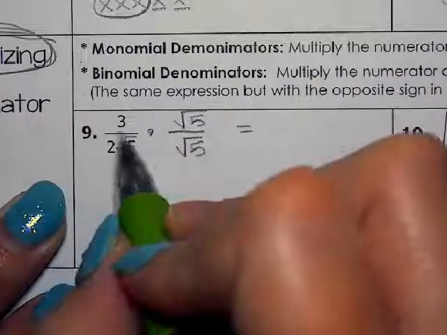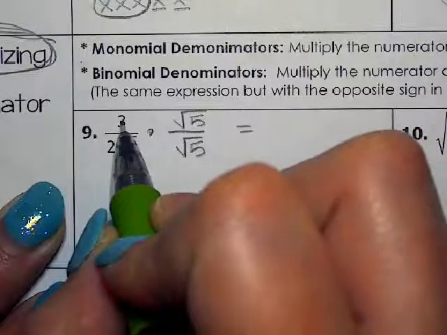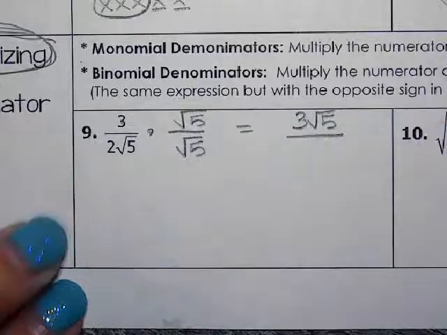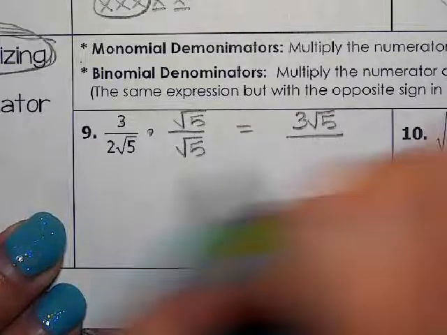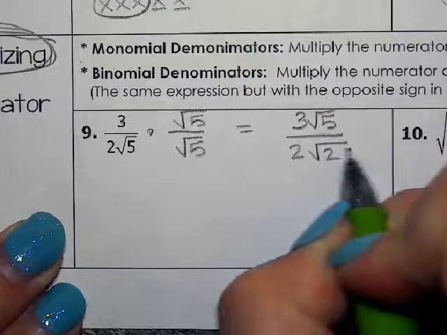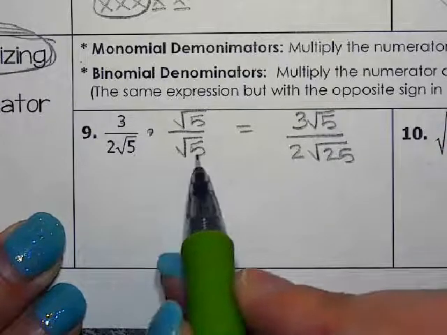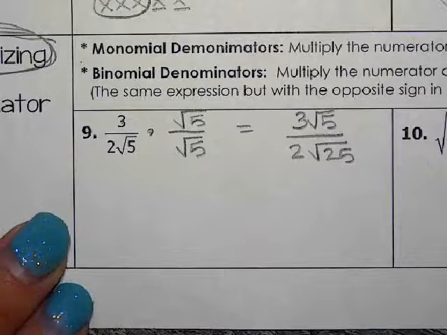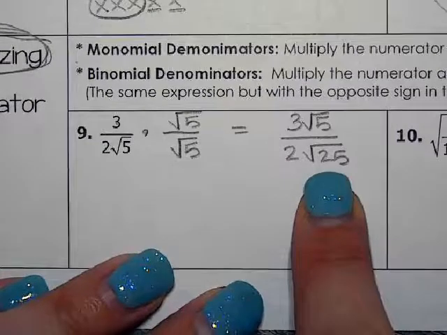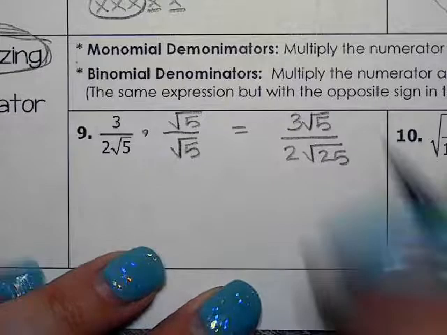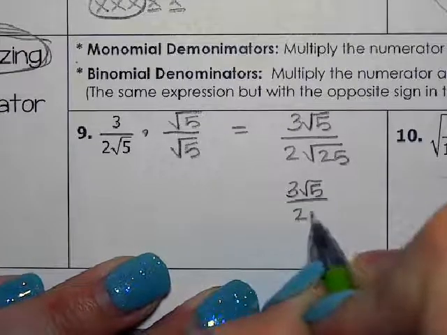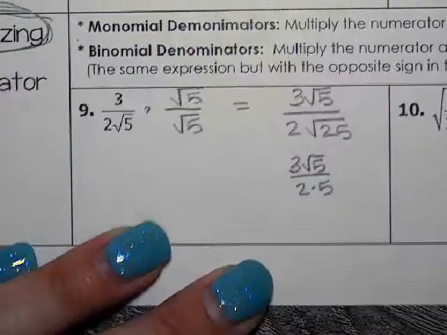That makes sense. And then the bottom is going to become 2 times the square root of 25, because root 5 times root 5 is root 25. And the square root of 25 is just 5. So you have 3 square root 5 over 2 times 5, and then you have 3 square root 5 over 10.